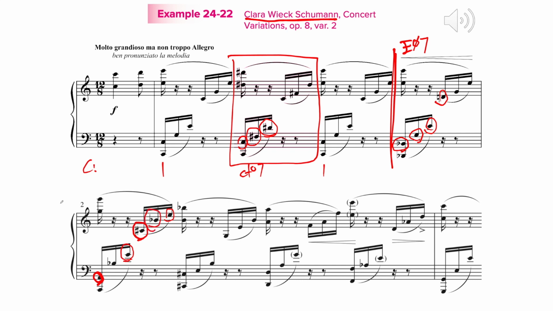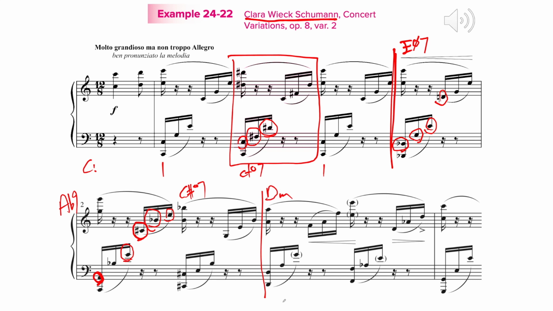This is an A flat 9, and with the change of the bass position, or we don't have A actually, we can assume this is a C sharp diminished seventh, and the resolution into D minor.